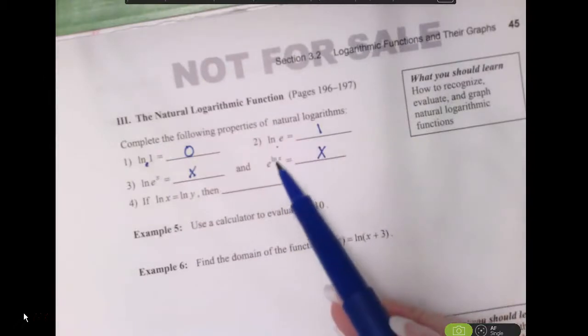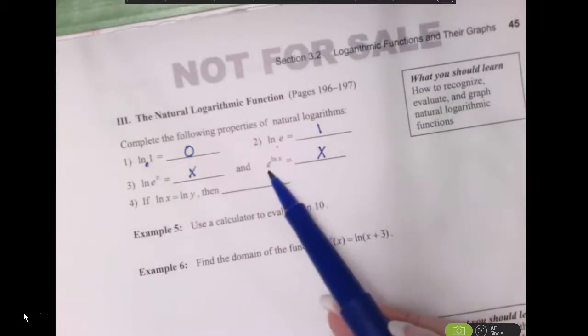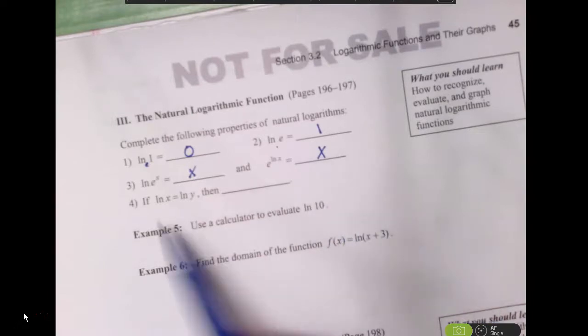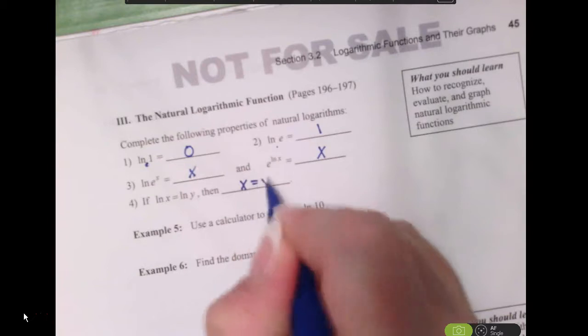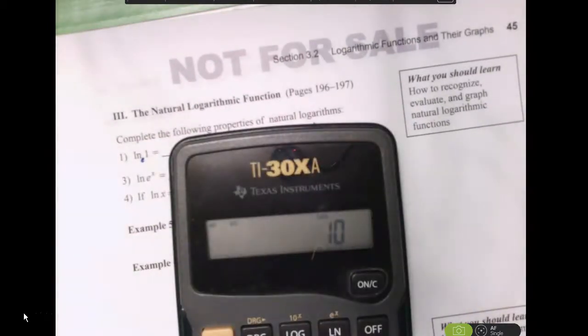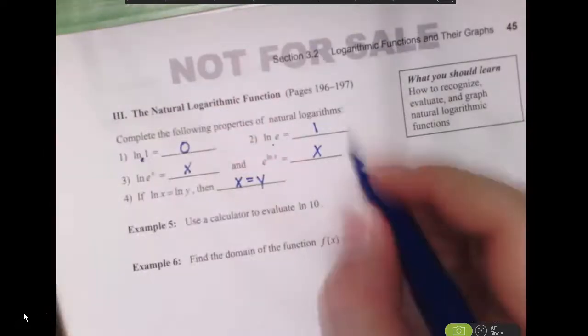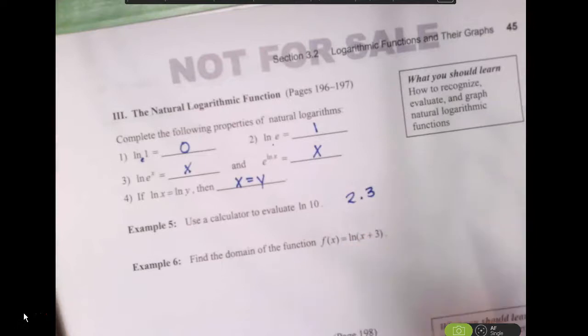If we have a natural log and we want to figure out what x is, we can raise it to the e power. So if the natural log of x equals the natural log of y, then x equals y. So for right now, we want to evaluate the natural log of 10, and it's 2.3. So you're just going to practice using your calculator to enter in that natural log function.